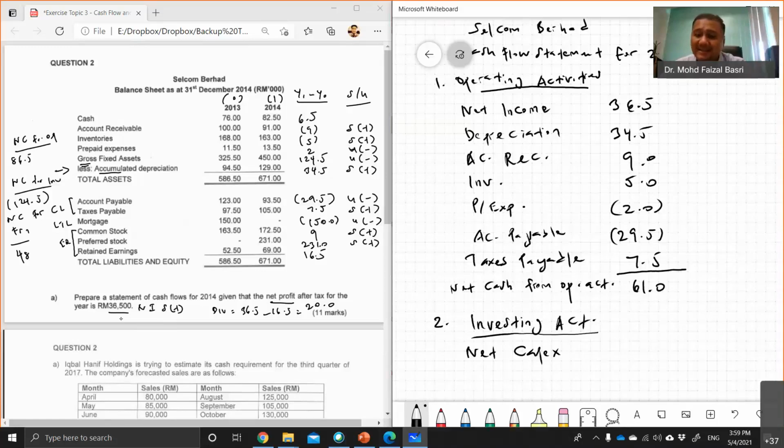But for net, on top of the difference, you need to add depreciation. Since we are using gross, net capital expenditure would be 124.5, and the sign would be minus.